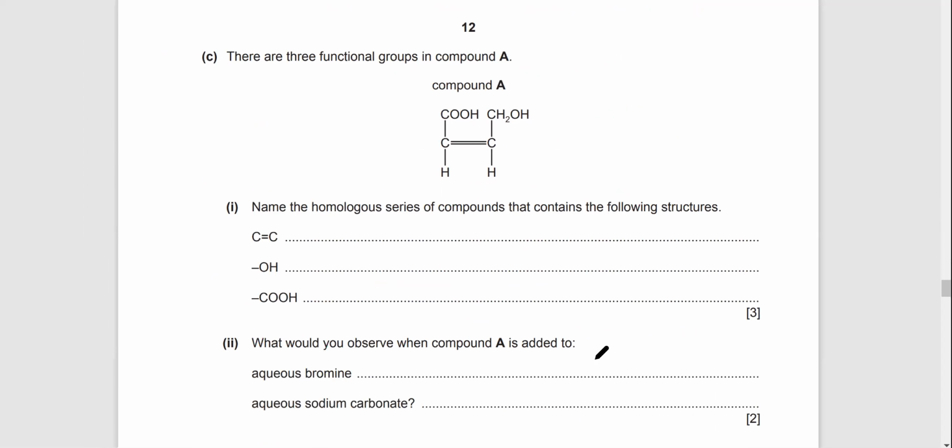अच्छा, अगला question. There are 3 functional groups in compound A. Name the homologous series. ये किस में होता है? Double bond. What do you call them? Alkene. ठीक है, this one is alkene. ये अगला वाला किस में होता है?